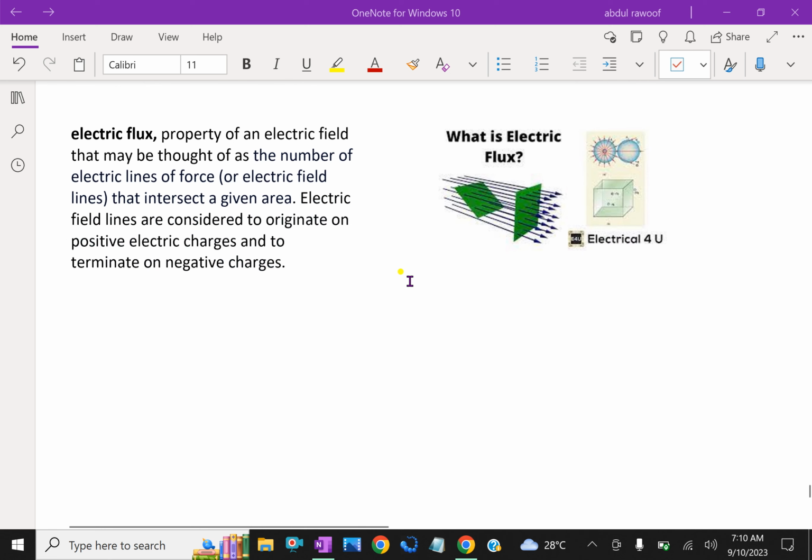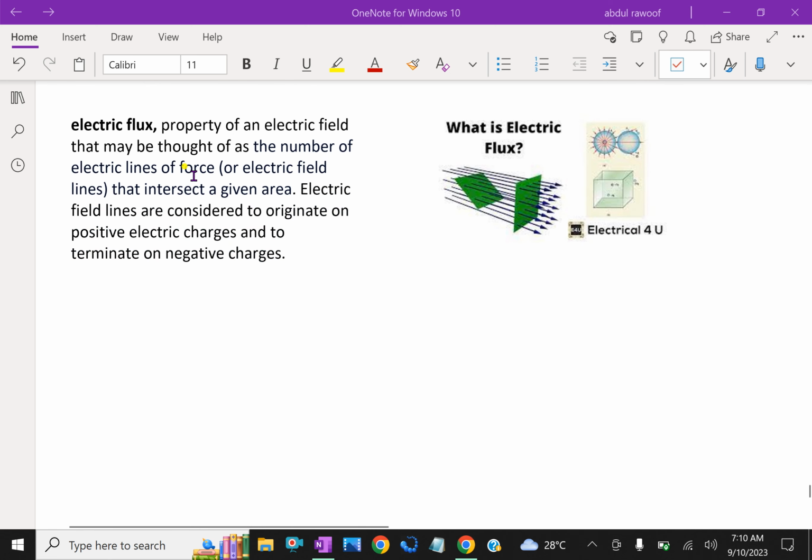Next, electric flux, or Faraday tubes. Consider a small closed curve in an electric field. If we draw lines of force through each point of this closed curve, then we get tubes.